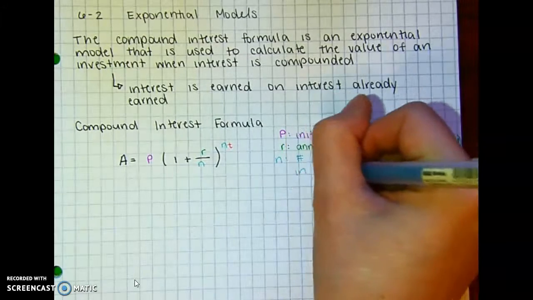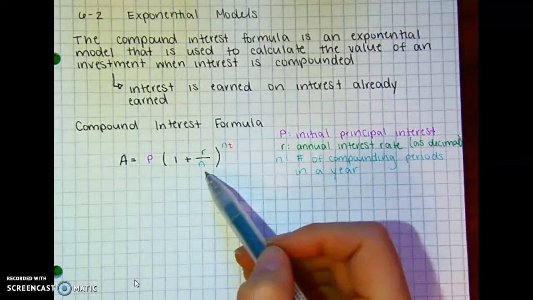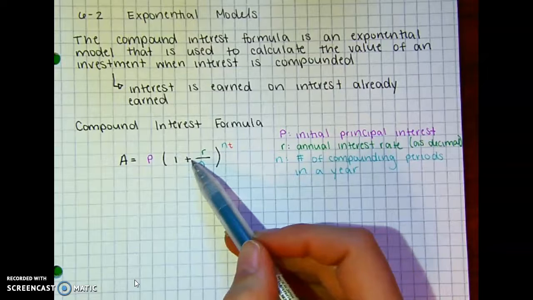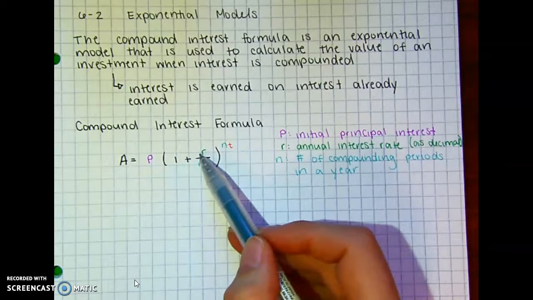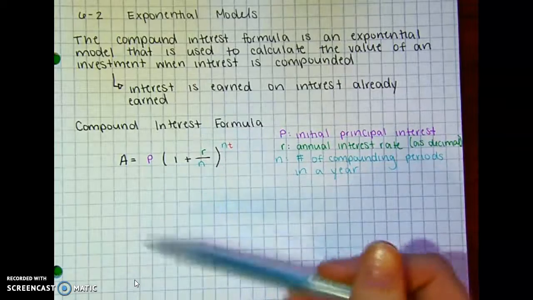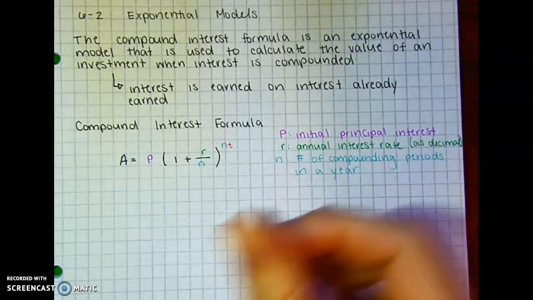in a year. So in the problems we were doing before, N was 1 because it was annual interest. That's why it was 1 plus R to the power of T. Compound interest means you're accumulating more every month, every week, every 6 months, whatever. And T is time.